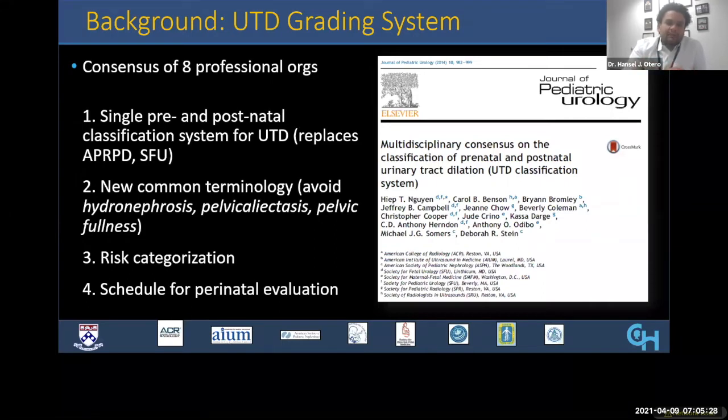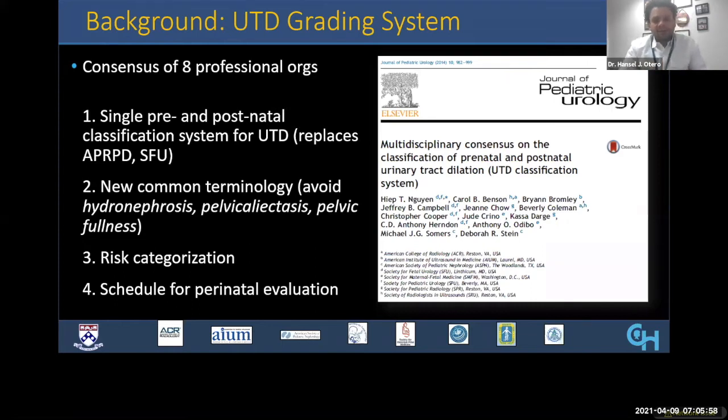So the idea was to use a single classification for prenatal and postnatal urinary tract dilatation. It also provides the terminology that we want to be using, to avoid the confusion about mild, moderate, severe, or what really constitutes hydronephrosis and pelvic fullness and some other words that might be confusing for the reader.